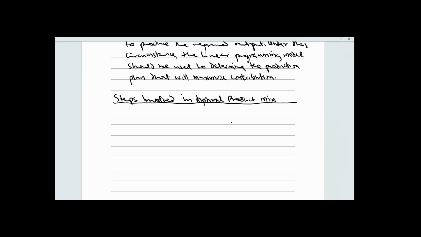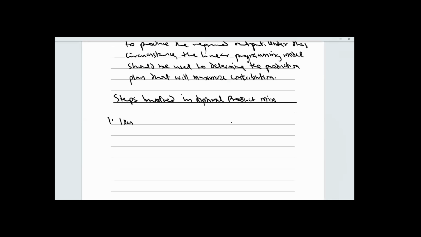Whenever you are given a question and you can identify that only one factor of production is limited in supply, and an examiner is asking you to determine the optimal production plan that will maximize contribution, there are about 7 or 8 procedures you are expected to carry out. Step 1 is to identify the key limiting factor.